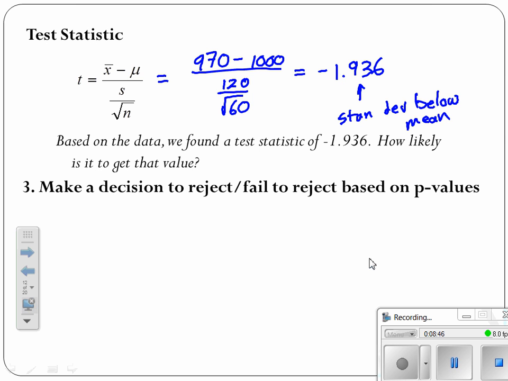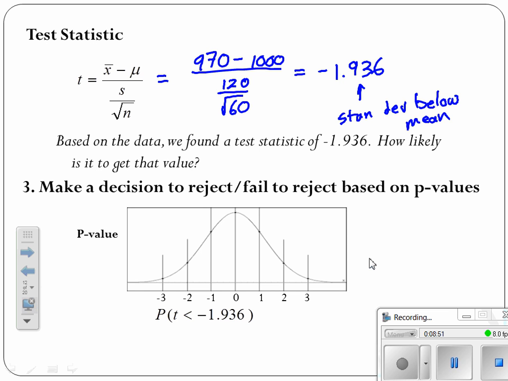But we need to make our decision based on the probability that we got our outcome. So, in other words, we need to figure out what's the probability that we are almost 2 full standard deviations below. So our p-value is that area right there from negative 1.96 standard deviations.